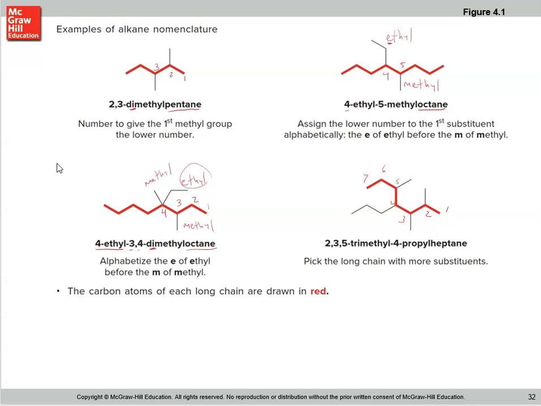Here I have a methyl, another methyl, and 3 methyls, so that's trimethyl on the 2, 3, and 5 carbons. 2, 3, 5 trimethyl. And on the 4th carbon is my propyl, so propyl heptane.